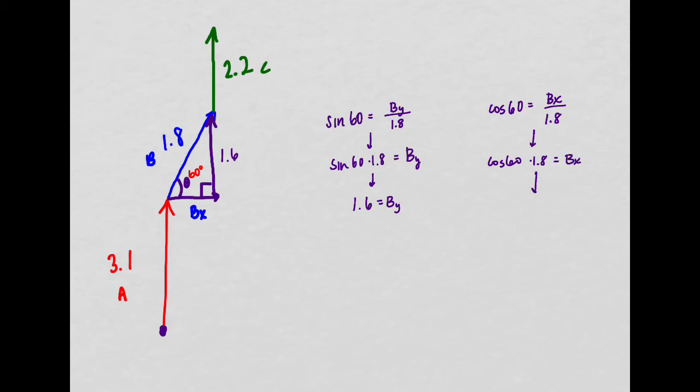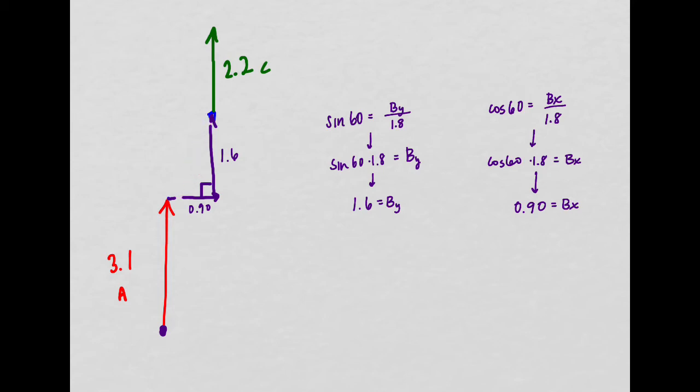When I plug that in, I find that B_x equals 0.90. All right, so now I've got these two, I've gotten rid of this nasty angled vector, and I've broken it down into these two more usable vectors.